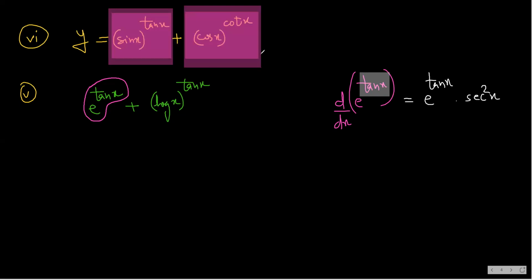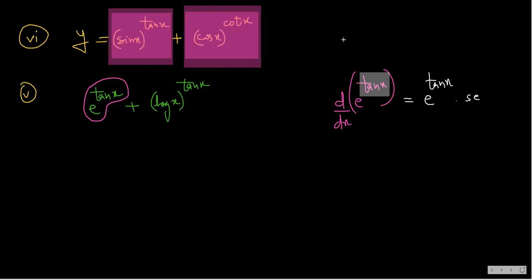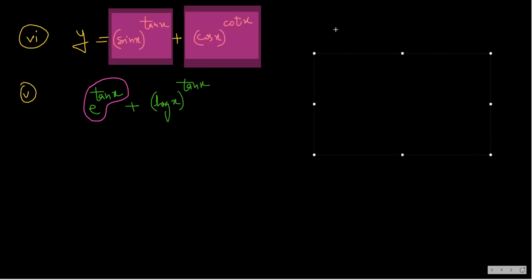So remember that you do not need log for the derivative of e raised to tan x, but you do need log for the derivative of log x raised to tan x. Because of that, you have to take log.